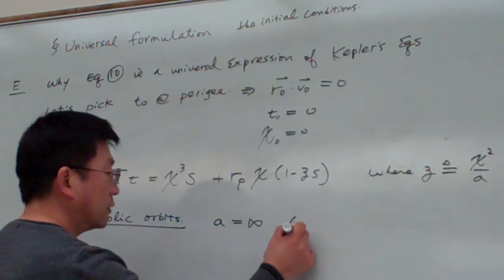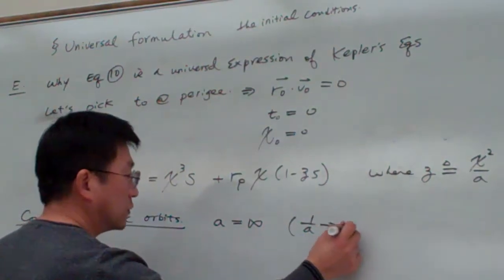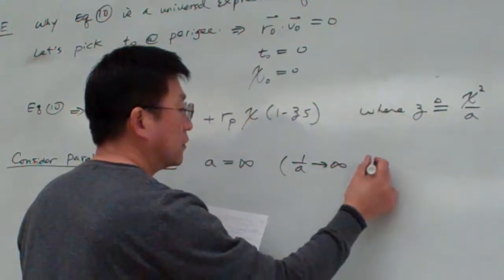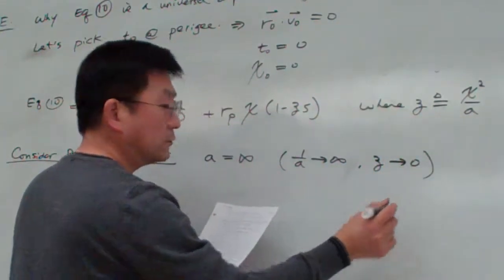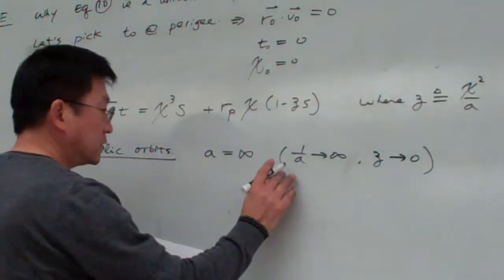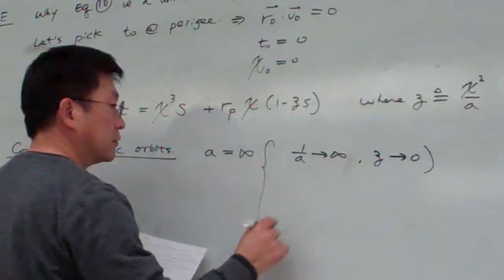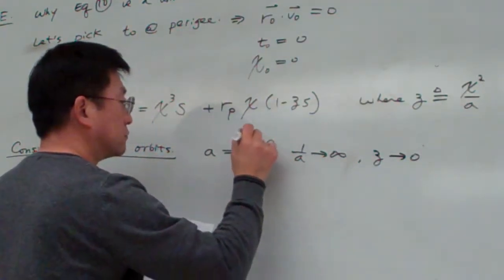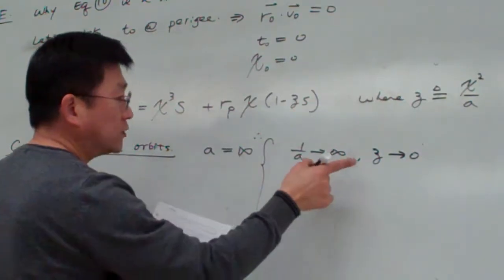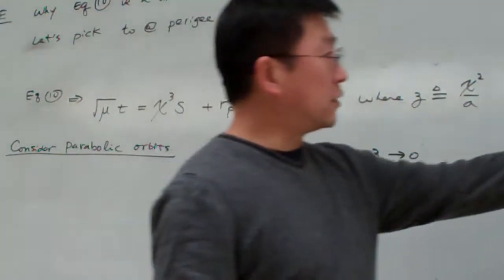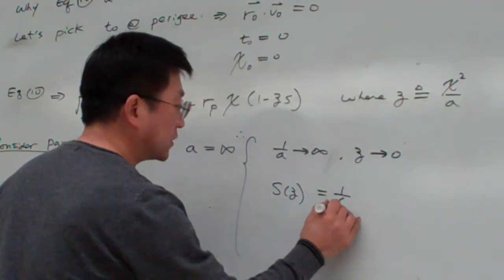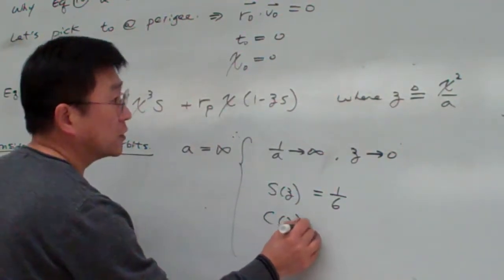Therefore 1 over a approaches 0, and so z approaches 0. Once we have z equal to 0, we can determine those numbers: s(z) simply equals 1/6 and c(z) simply equals 1/2.